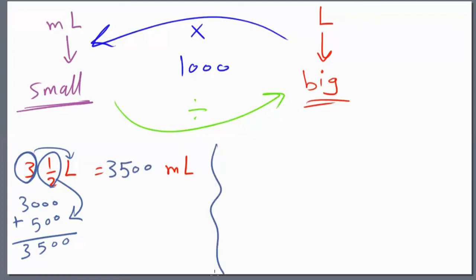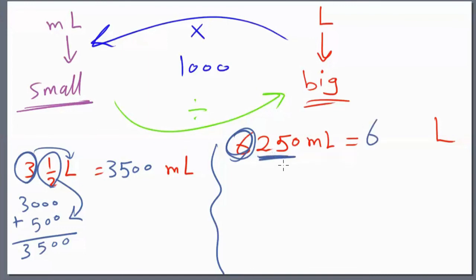Another one: 6,250 milliliter equals how many liter? We have 2 ways to solve this. I can take the 1,000 only as liter, and the rest will be the decimal part.